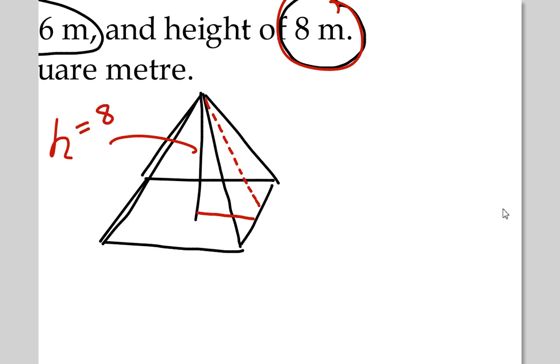If this is 8, and remember we have 6 on the long end, 4 on the short end of that rectangle, we have to do a right angle triangle calculation for this slant. This is 8. This is slant 1.